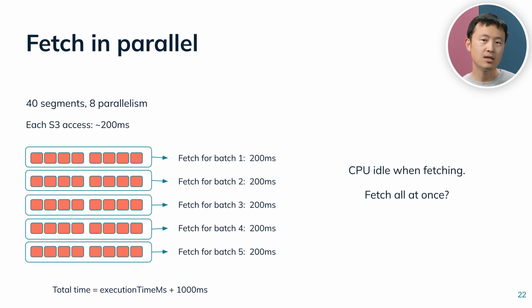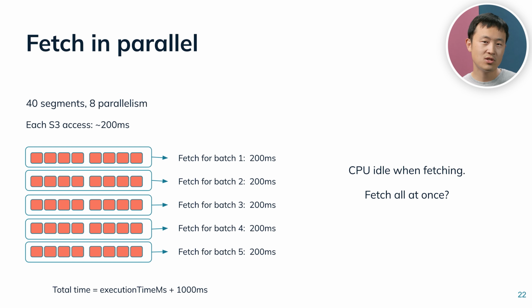So in general, we may need 5 runs to process all of them. In each round, the thread fetches the data, processes it, and then releases it. The latency to download the data from S3 is about 200 milliseconds, and the CPU time to process the data can be a lot lower compared with this data access latency. So in general, we may end up with a query latency around 1 second.